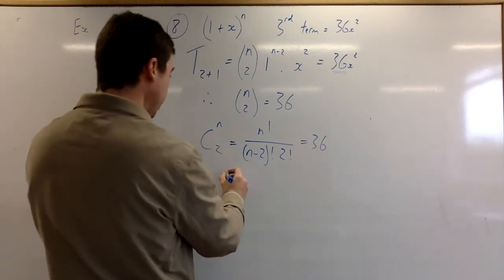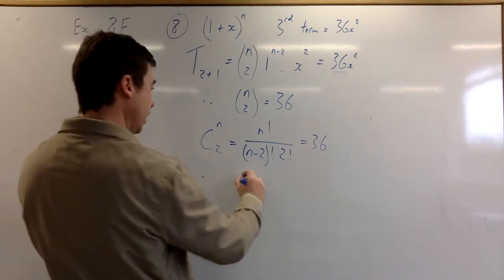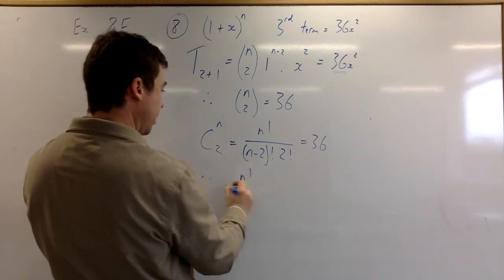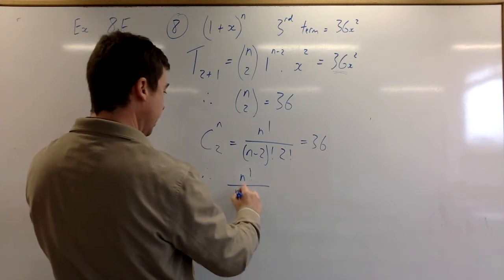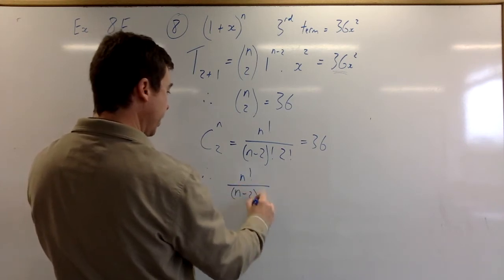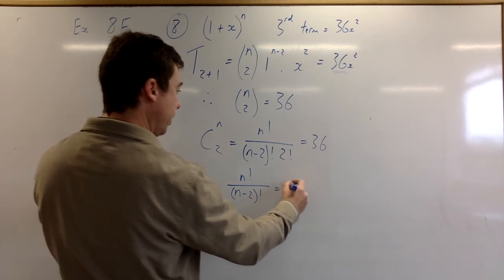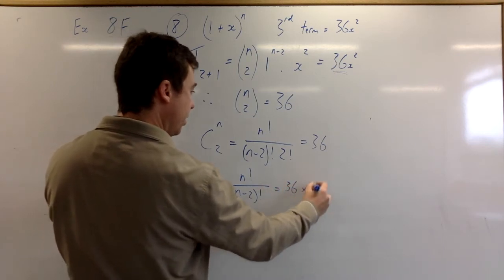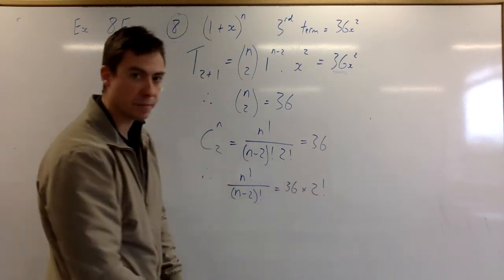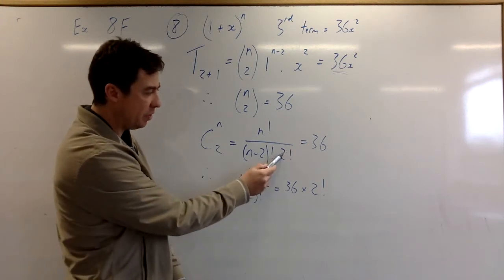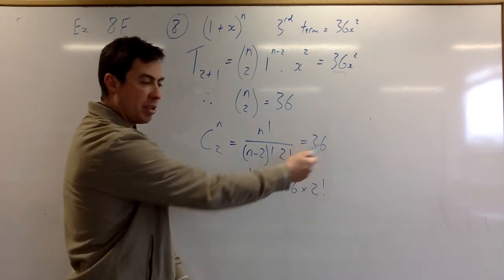So I've got, therefore, n factorial on n minus 2 factorial has to equal 36 times 2 factorial. So I've taken this 2 factorial, multiplied both sides.